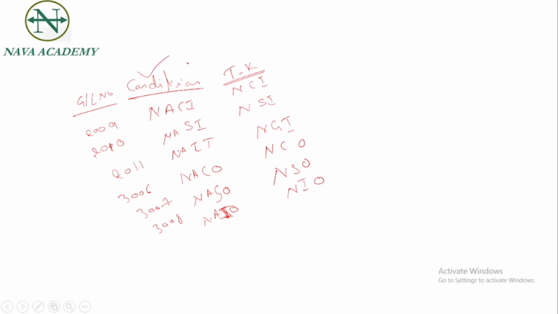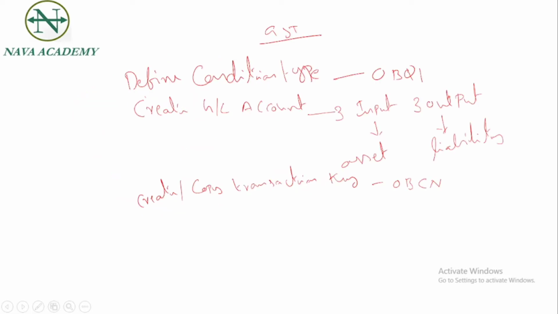First we define a condition, next create GL numbers and transaction keys. Then the next step is assign GL number. See this.